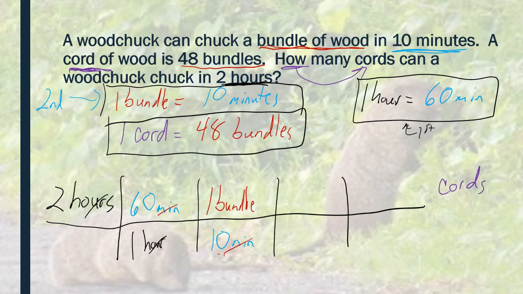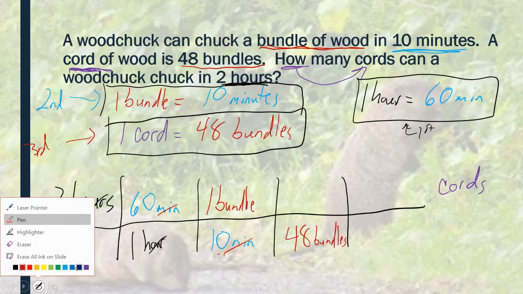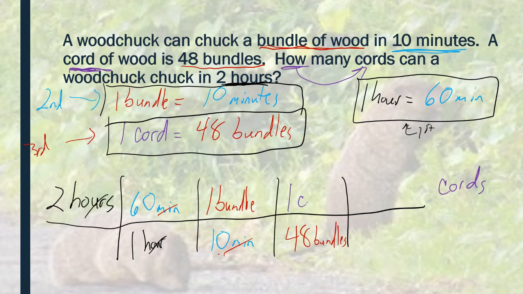And so then we have cord equals 48 bundles. That's the only one left, so we're going to use that one third. And again, we're going to use the red one on the bottom to cancel. And if that's at the bottom, then we want one cord on the top, which is what our answer needs to be. And that'll cancel the bundles.